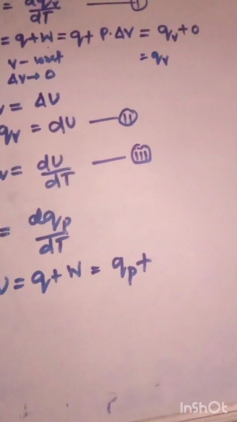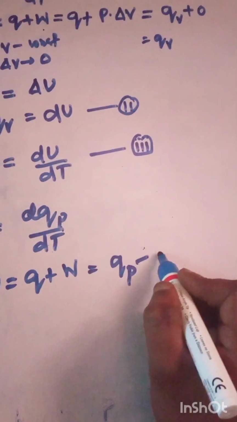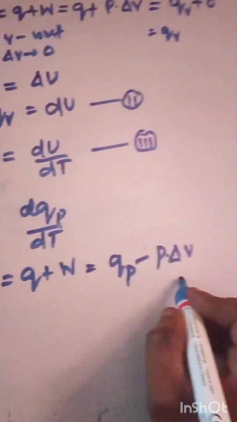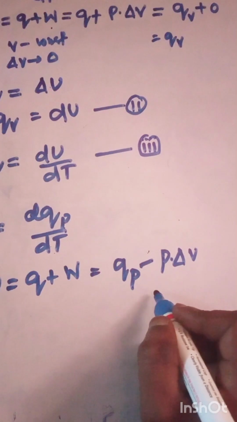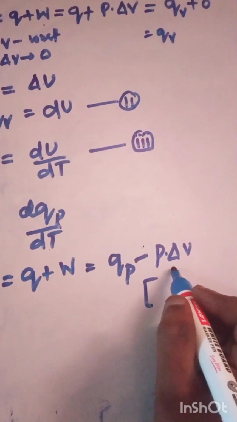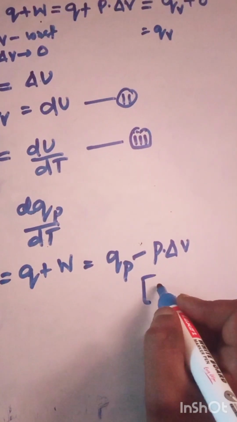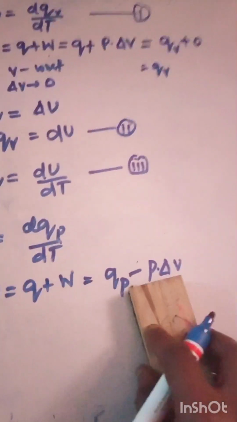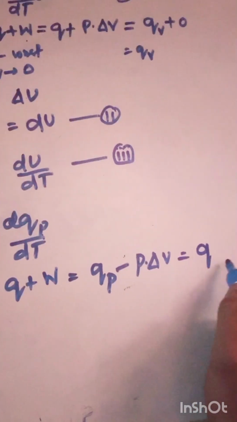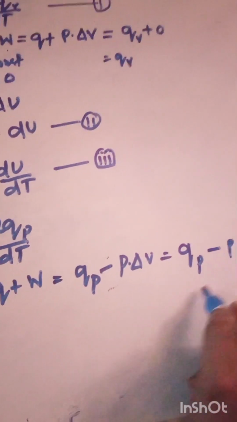W will become minus P delta V. Why is that? Because it will undergo expansion due to absorption of heat, since volume is not constant here. We can write it as delta U equals Qp minus P into (V2 minus V1).